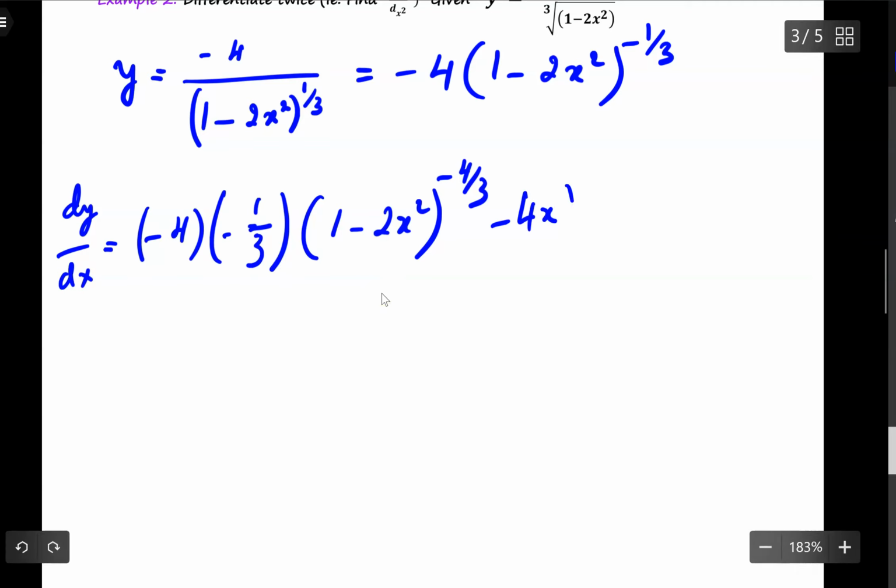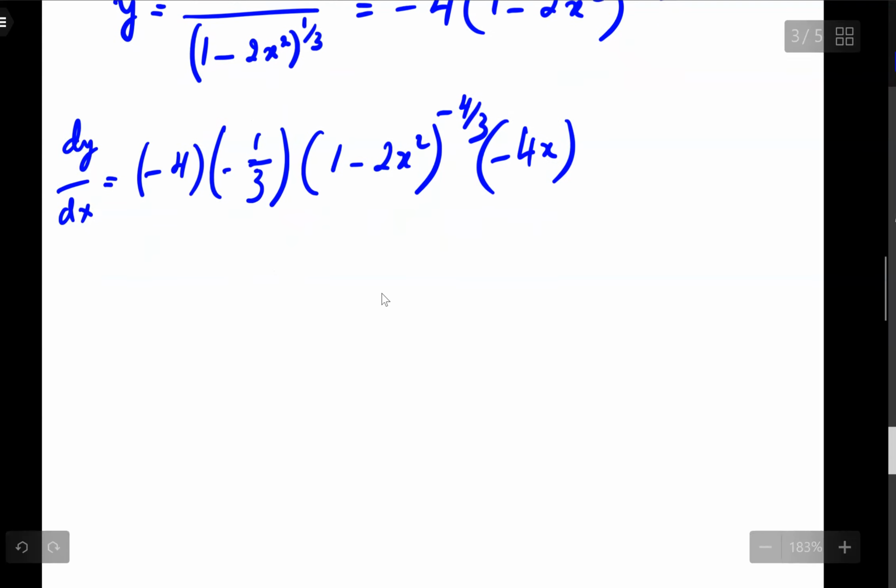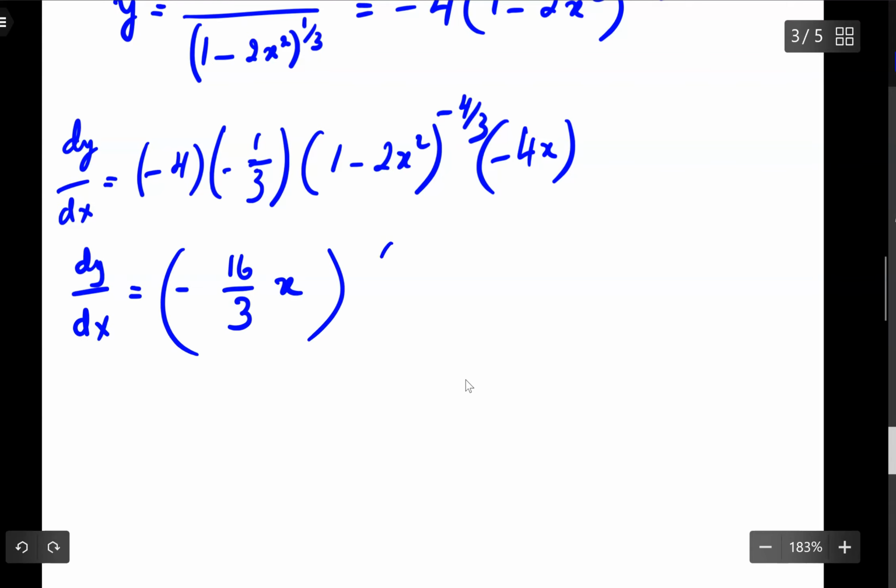Alright, so I multiply this -4x. At this point, I strongly recommend everyone to simplify, simplify the coefficient here. So dy over dx will be equal to -16 over 3 x, and then I multiply this with 1 minus 2x squared, all of it raised to the exponent -4/3.